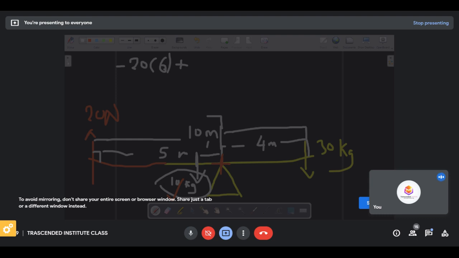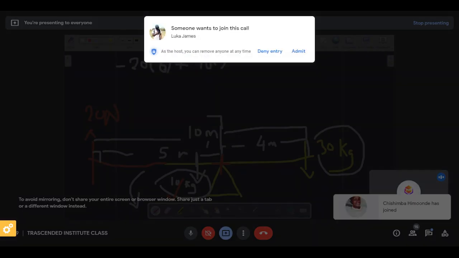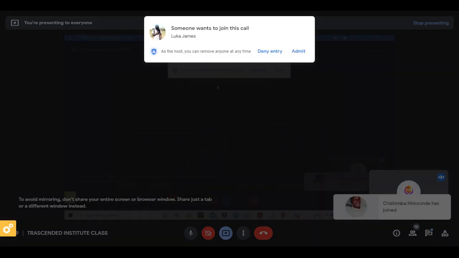Then is it positive or negative? It's going downwards, which is anti-clockwise direction. Is it positive or negative? Positive. So multiply by 1. Okay, let's talk about that. Clockwise or anti-clockwise?